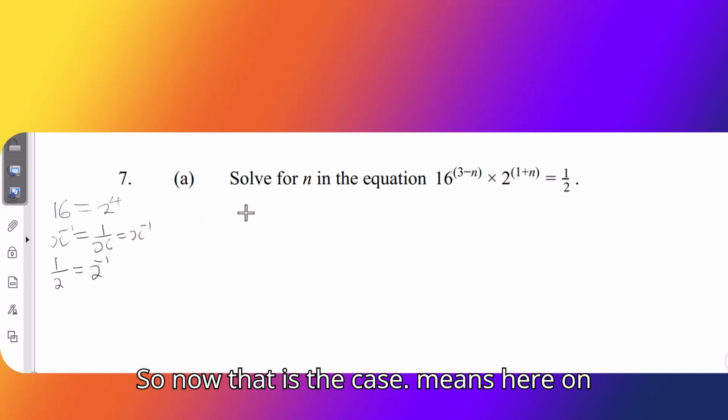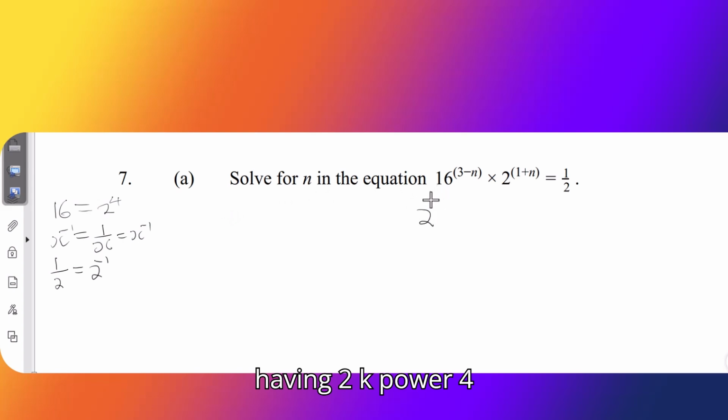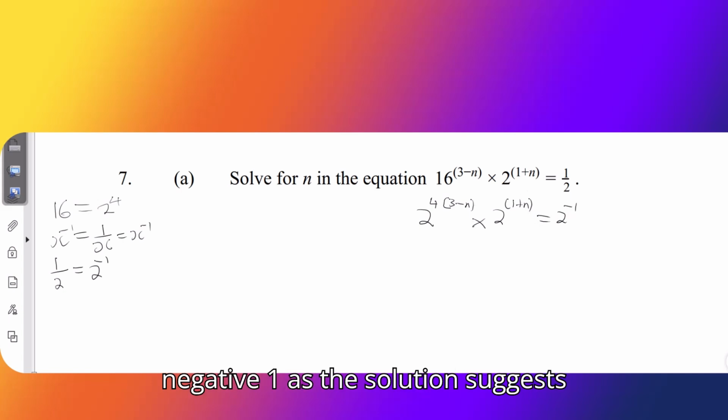So now, on this equation, it means you are having 2 power 4, bracket 3 minus n, times again 2 power bracket 1 plus n, which is equal to 2 power negative 1, as the solution suggests here.